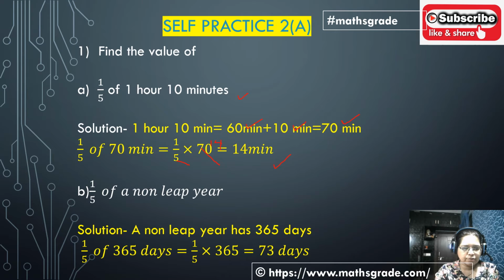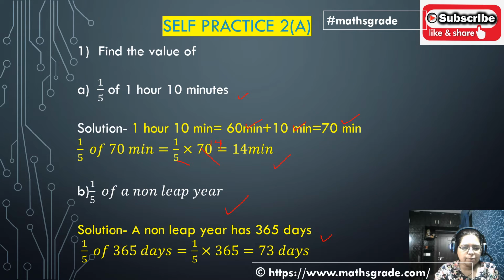Now the second part, (b): 1/5 of a non-leap year. We know a leap year has 366 days and a non-leap year has 365 days.